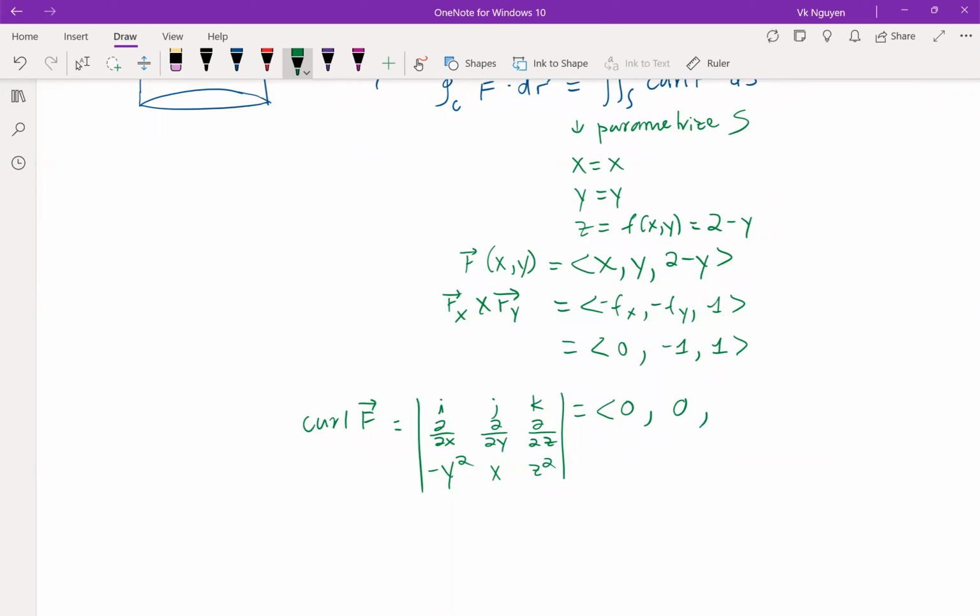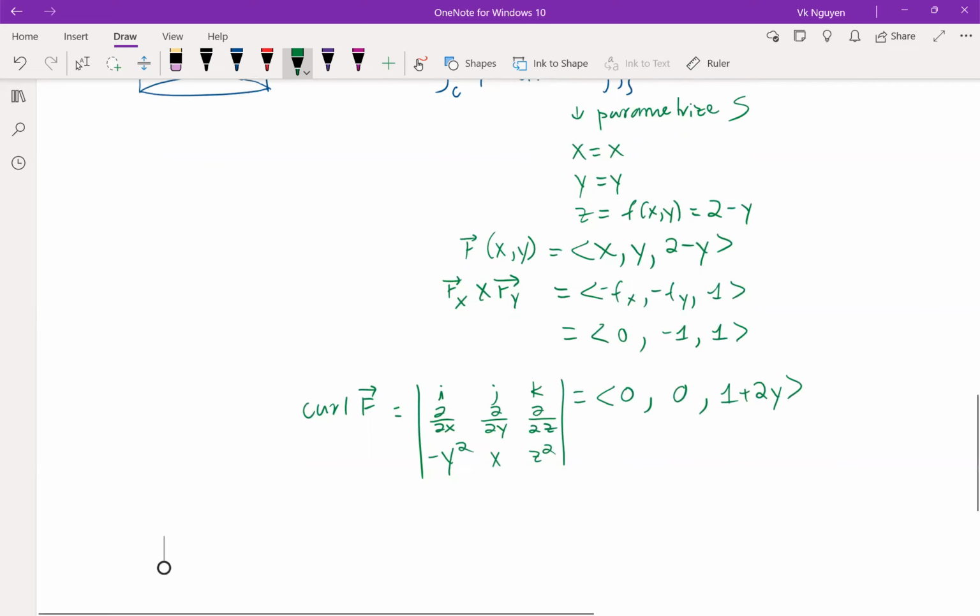So we get 1 and minus, so 1 plus 2y. Look like it. Okay.